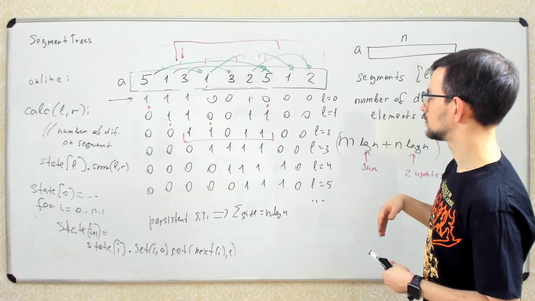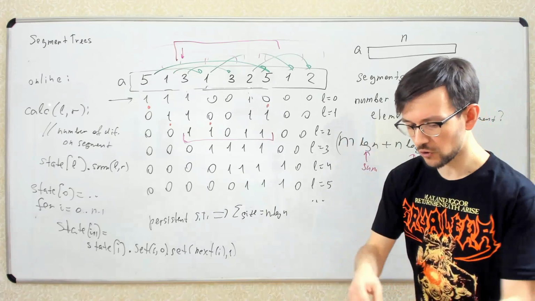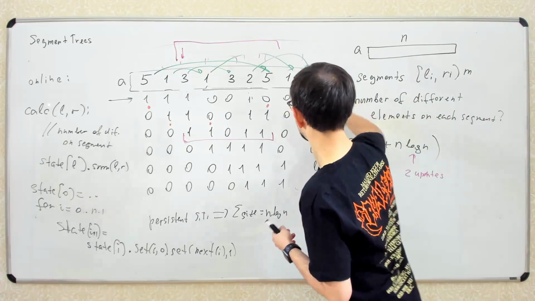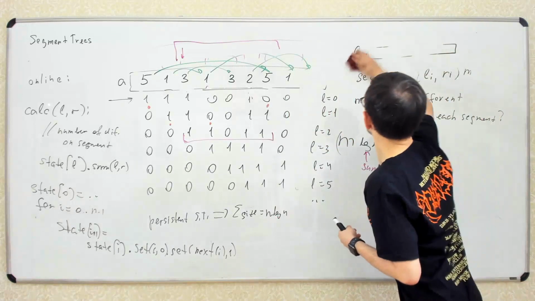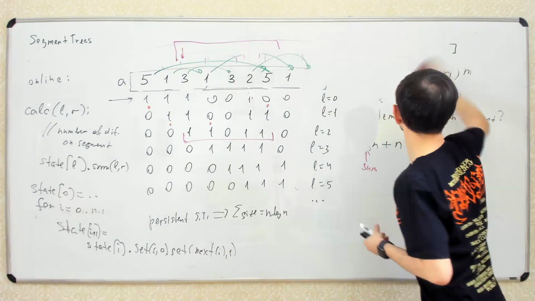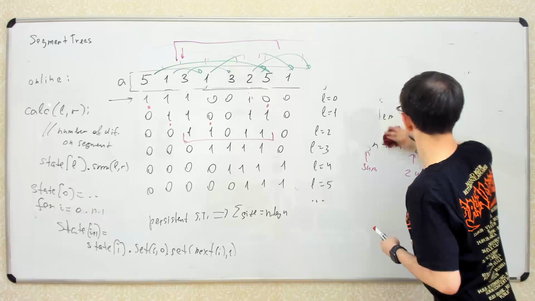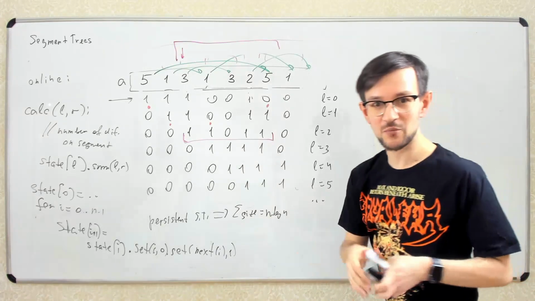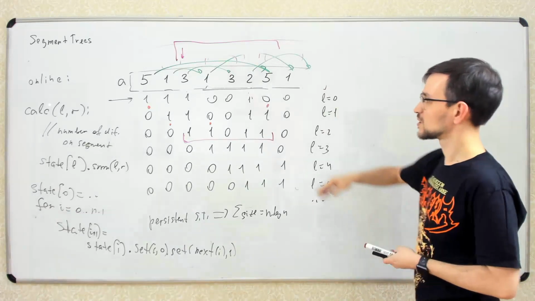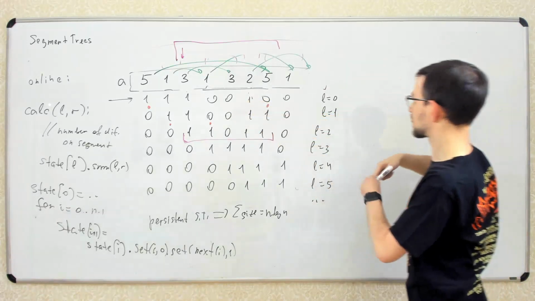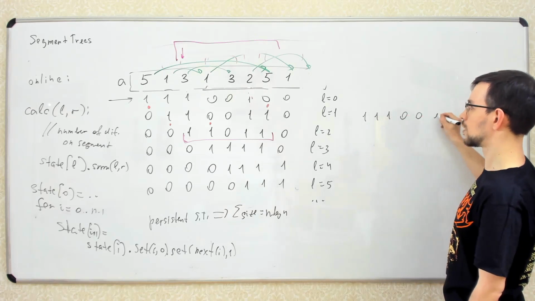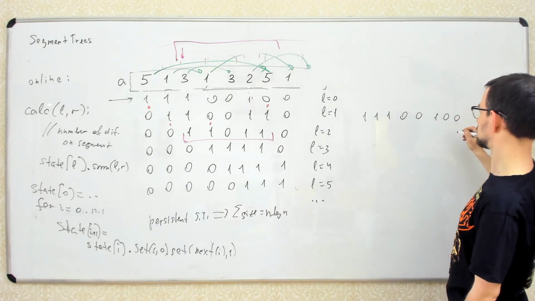Let's have 8 elements. I'll just repeat the same process from the previous lecture. So in the beginning, I have this array, so I have this segment tree: 1, 1, 1, 0, 0, 1, 0, 0.